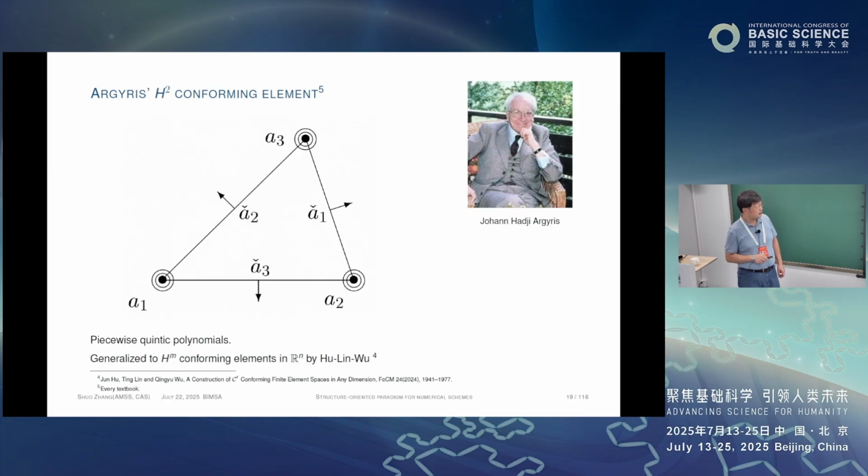That is the evaluation, the first order derivatives and the second order derivatives at every vertex, and also the normal derivatives at the edge. He used these continuities to construct the H2 conforming finite element space with piecewise quintic polynomials. Argyris is very famous, you know.